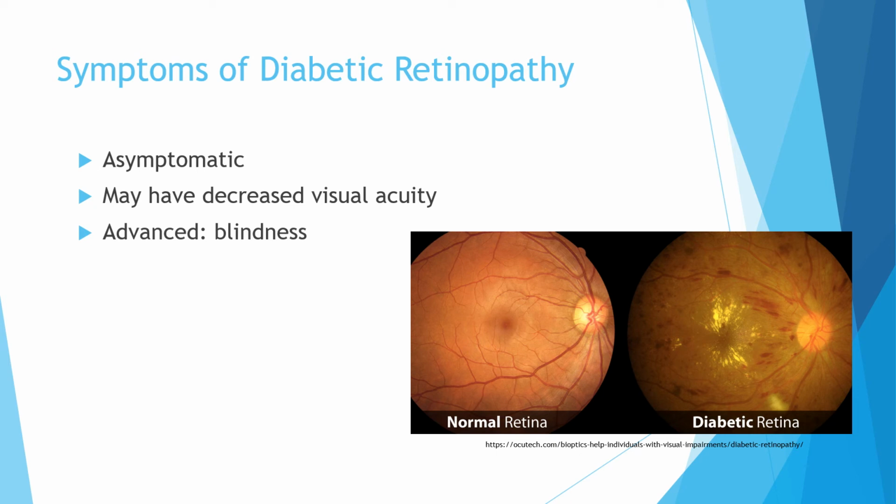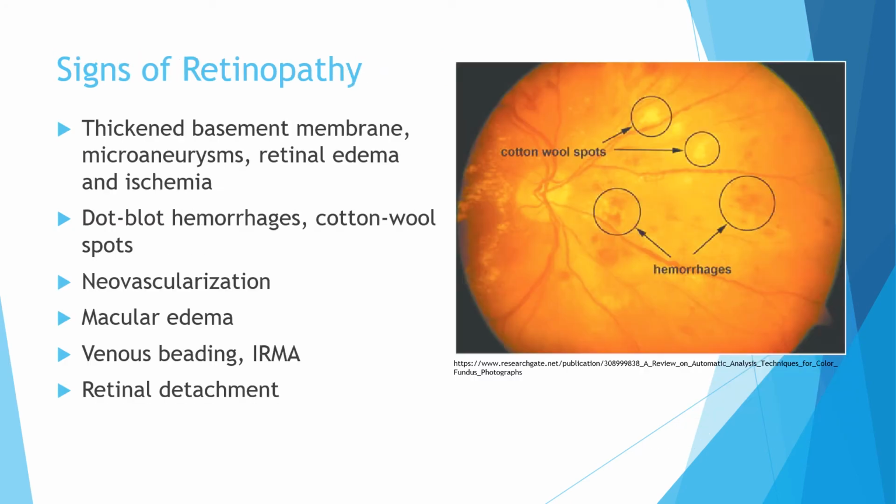As diabetes progresses, patients may have decreased visual acuity and eventually blindness. Upon examination of the fundus, there are signs that can be spotted with diabetic retinopathy, as explored already.